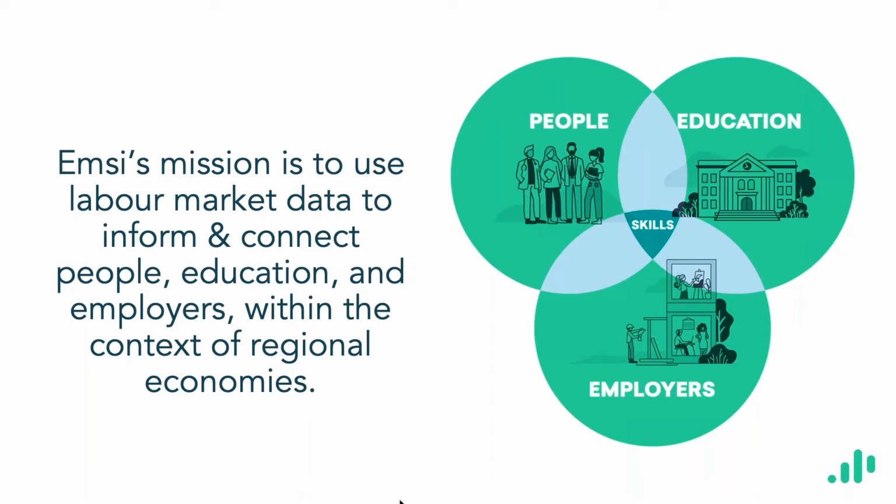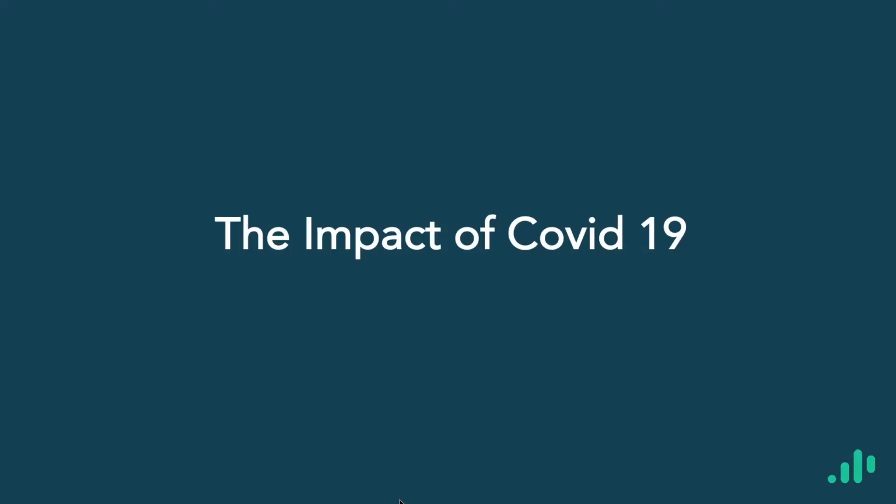So thinking about you as educational establishments, as colleges or training providers, and then really understanding the labour market data, and then working with people, with your students, whether that's adults or young people or parents, to really understand where the in-demand skills are, where the jobs of the future are going to be, and then that connects them into the employment market. So using the labour market data as that central point, as the baseline to have those conversations.